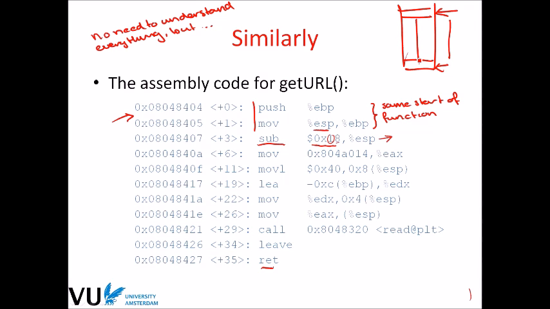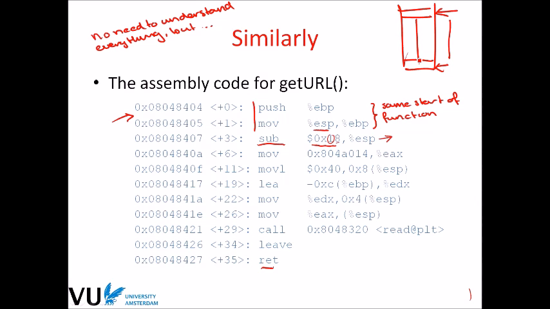Why 24? That's odd. Didn't we say that the number of bytes that we wanted in the buffer was 10? Yes, that's right. So we have 10 bytes in our buffer, but we also remember that we had 3 parameters to the function read. So read actually took 3 parameters.